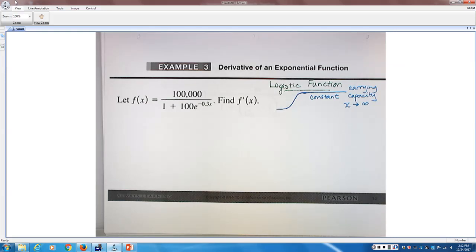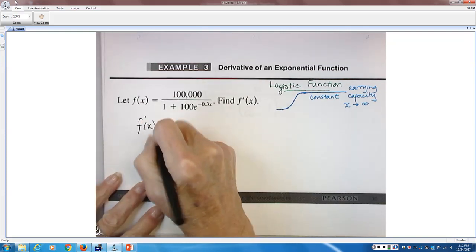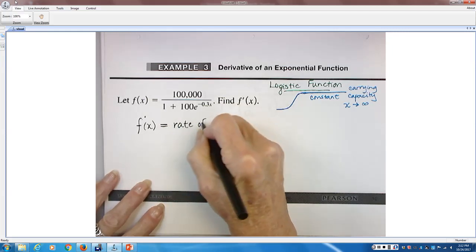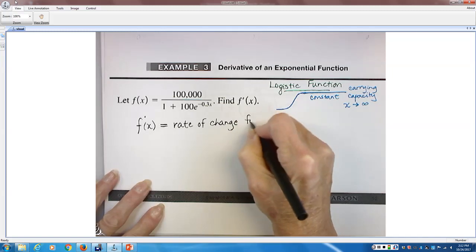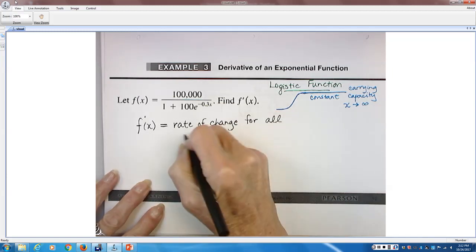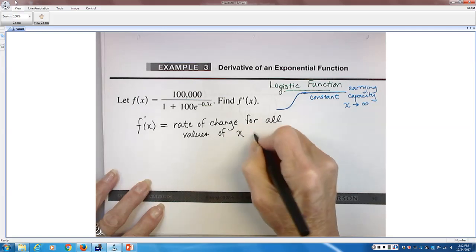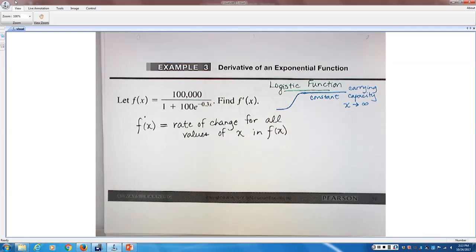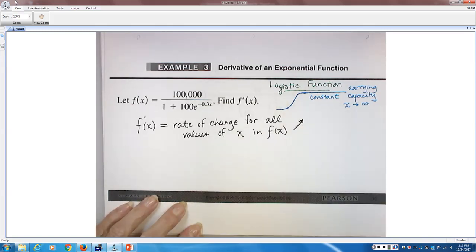So when we find f prime, we're finding the rate of change for all values of x in f of x, knowing that sometimes that rate of change is going to be positive and very steep.